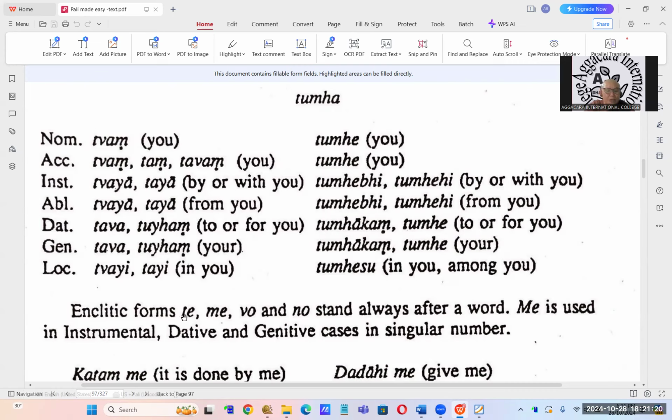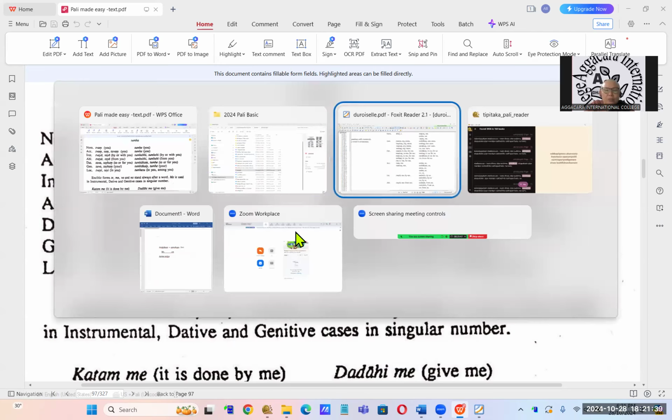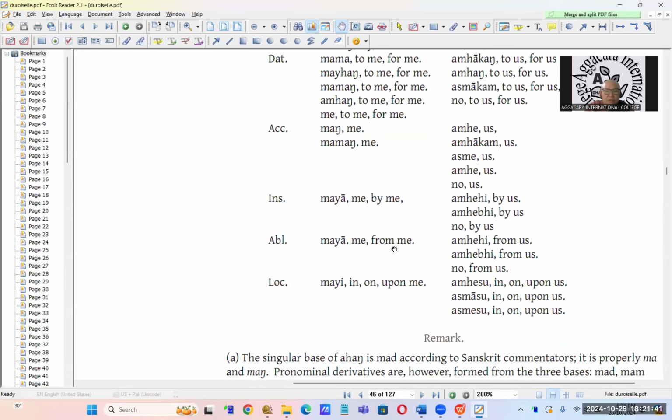Right. So just now, this one we already said. Te, me, vo, no. Me is used in instrumental, dative, genitive according to Pali Made Easy. Okay, now vo and te. Te and vo you find in this tumha, but you don't see them in Pali Made Easy. So you see more in Duroiselle.